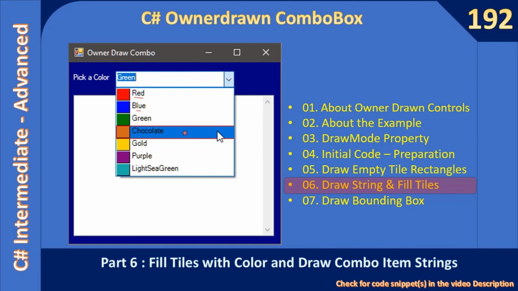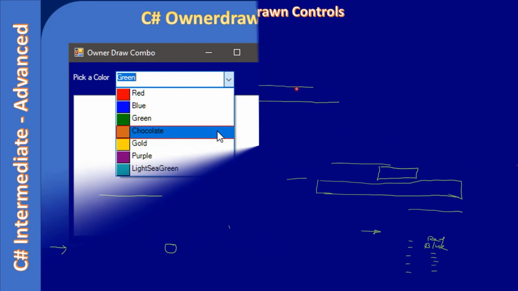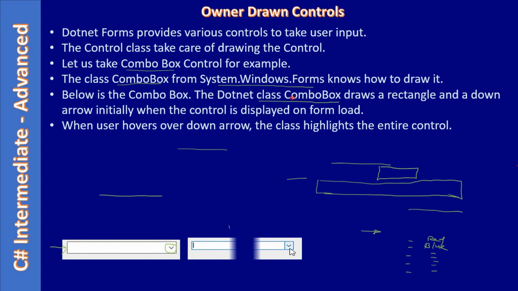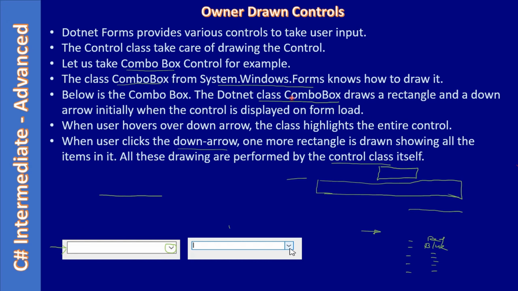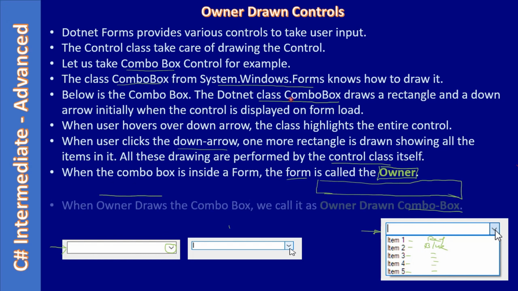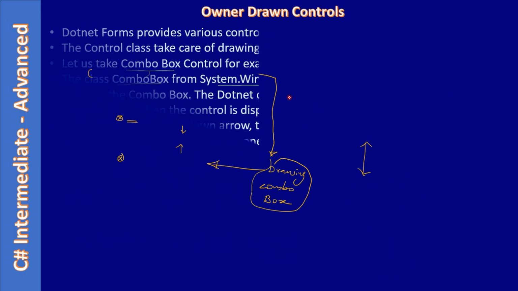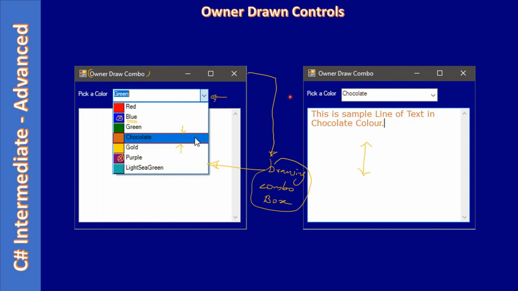Let's quickly review the previous parts. The first video was about the introduction, where we talked about what an OwnerDraw control is. Next we talked about this specific example.